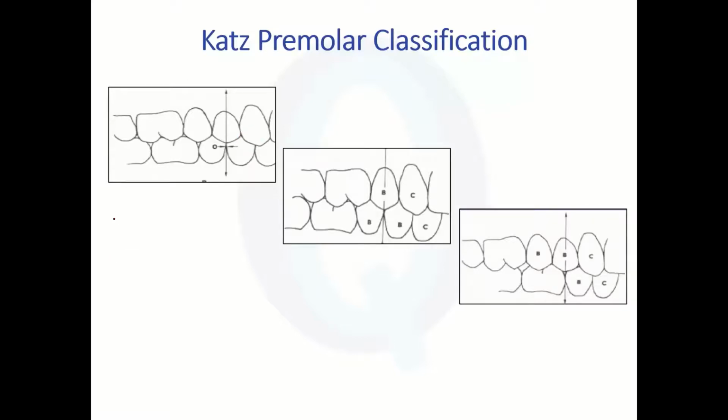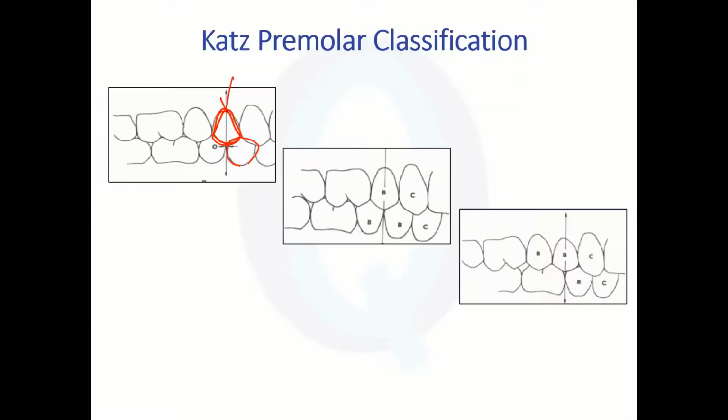So what this classification says is that the most anterior premolar, not the first, the most anterior premolar, falls in the embrasure created by the distal contact of the most anterior lower premolar.